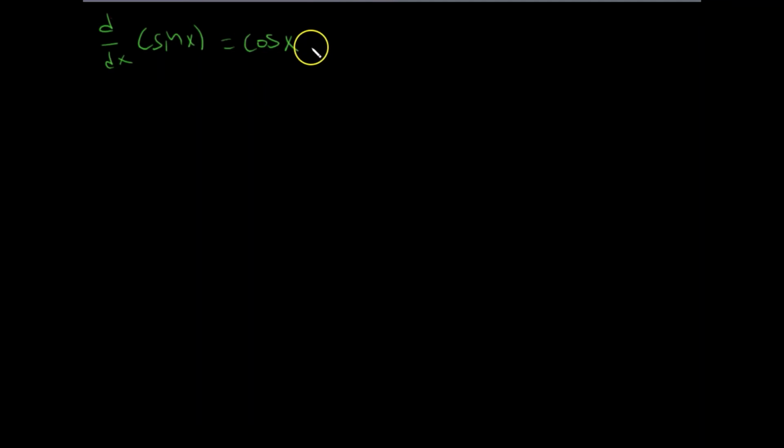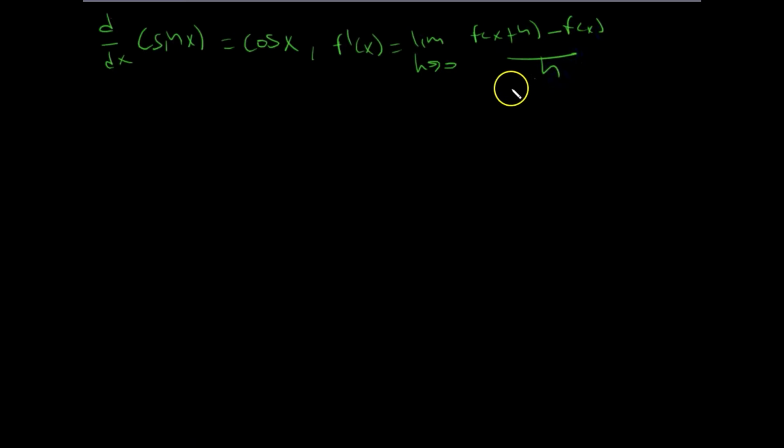And if you recall, the difference quotient says that the derivative of a function f of x is the limit as h goes to 0 of f of x plus h minus f of x all over h.